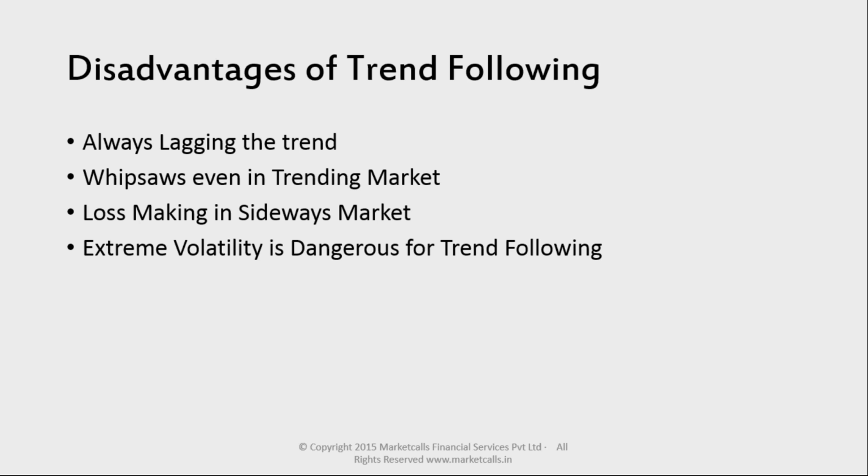Extreme volatility is dangerous for trend following. It's dangerous, and it also makes more money, especially in highly volatile environments. The trend following system makes most of its money in high volatile situations, but you are equally associated with a higher risk, right? Let's say you make 30% returns in 15 days on your total capital, and in the next 15 days you lose 25%.